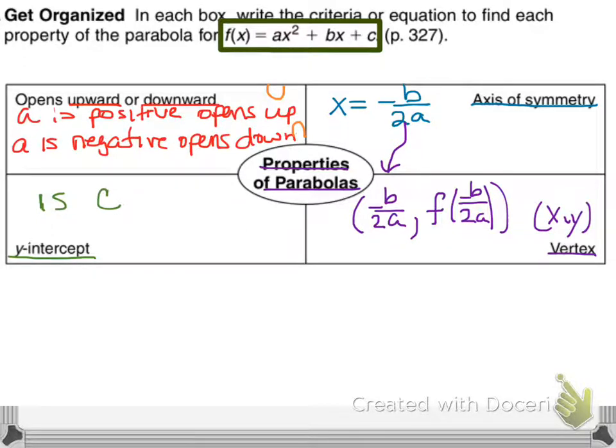You actually find the x value when you find your axis of symmetry, and then you sub that back into your equation to get your y value. Remember that your vertex is either going to be your maximum value or your minimum value. It's going to be the maximum value if your parabola is opening down because it gets to that maximum point, and the minimum point if it is opening up. It'll reach that point down there, and then it'll swing back up.